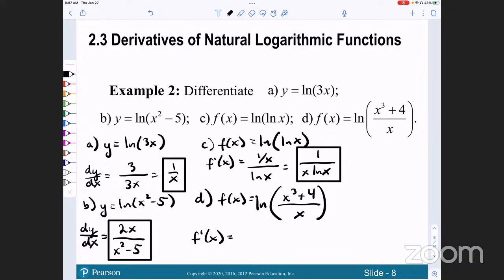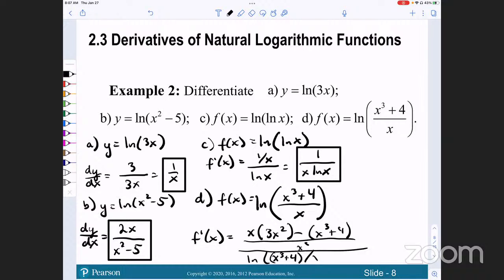So that's going to be the bottom times the derivative of the top, which is 3x squared, minus the top times 1, over the bottom squared, and then all over the original, natural log of x cubed plus 4 over x.